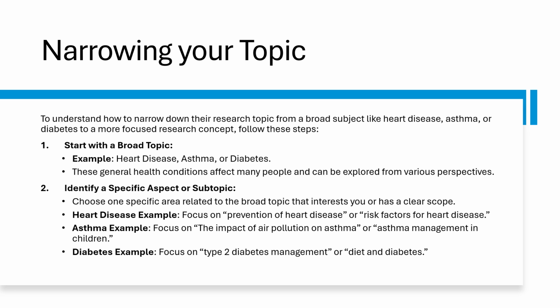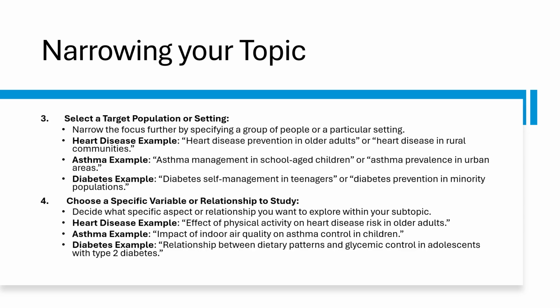When we narrow down the topic, we need to start with a broad topic, for example heart disease, and then identify a specific aspect or subtopic. For example, focus on the prevention of heart disease.